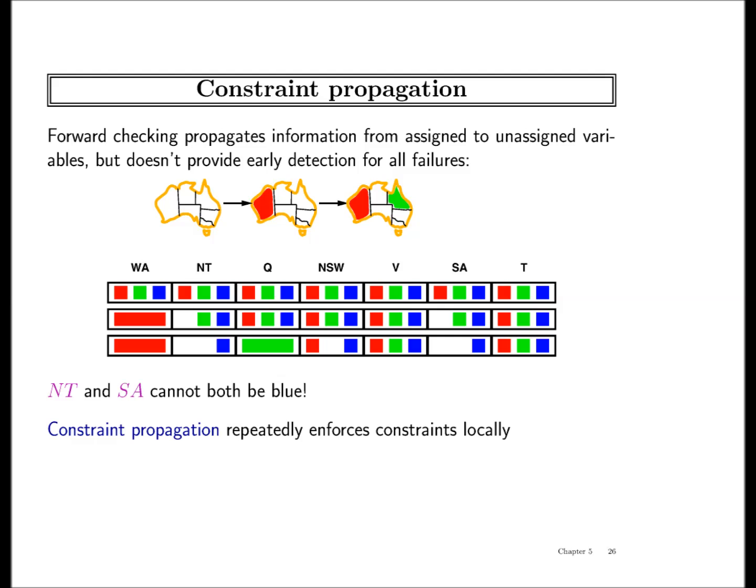Now let's take the intuition. What is forward checking doing? Forward checking is propagating the constraints between a past variable and a future variable. What is a past variable and a future variable? Past variables are the variables that I have already assigned, and future variables are the variables that I have not yet assigned. So forward checking is saying, I have assigned this red, let me say what it removes from others.